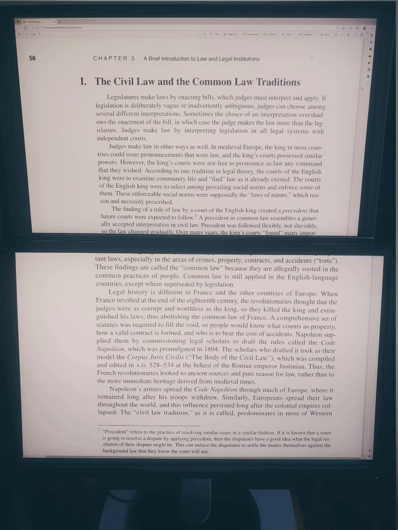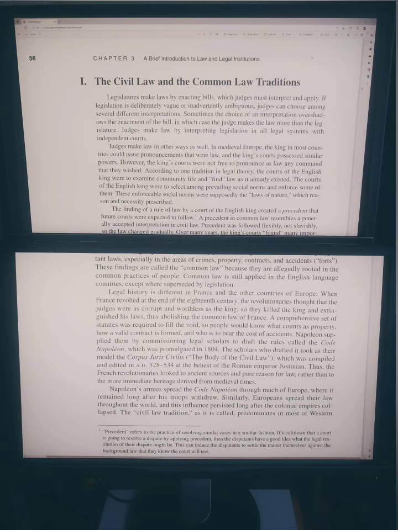A comprehensive set of statutes was required to fill the void so people would know what counts as property, how a valid contract is formed, and who is to bear the cost of accidents.